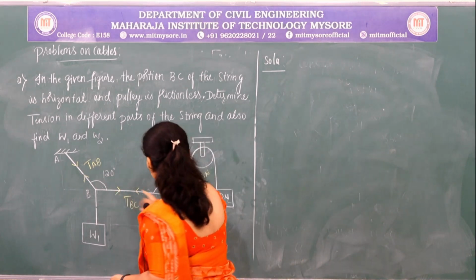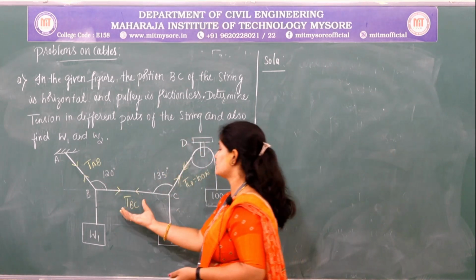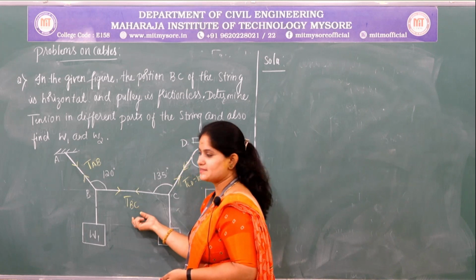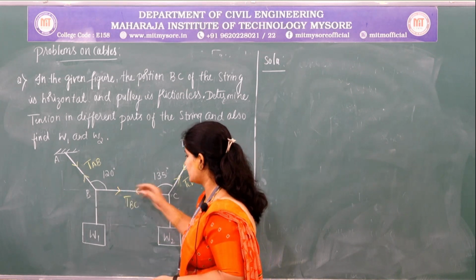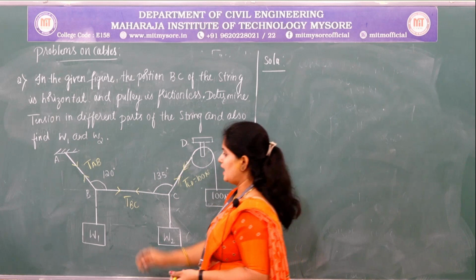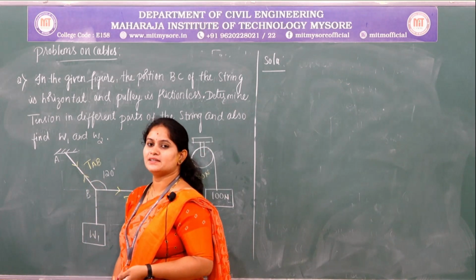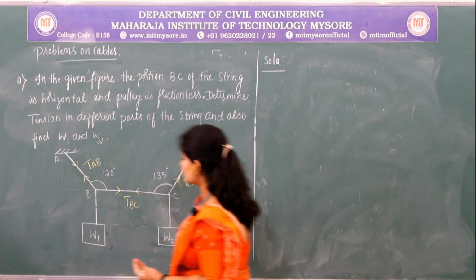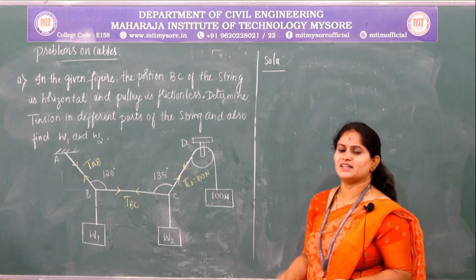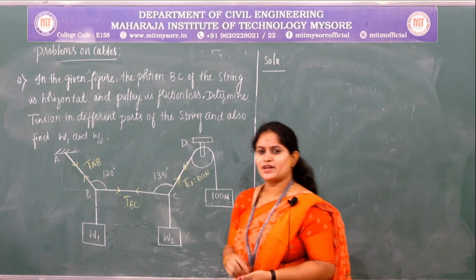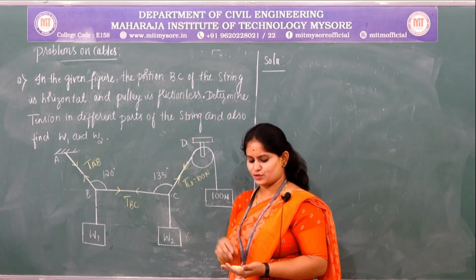And there is a string BC which will develop a tensile force TBC, and it should act outward from each of the joints, and at string AB the tension developed will be TAB. Now at each joint there are three forces. You can choose any of the joints and solve easily.